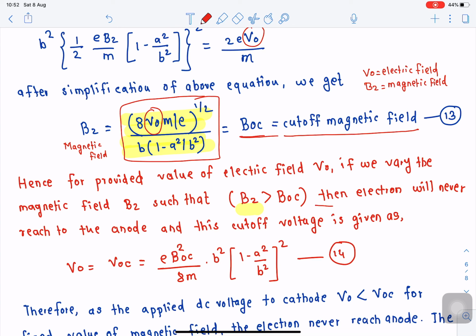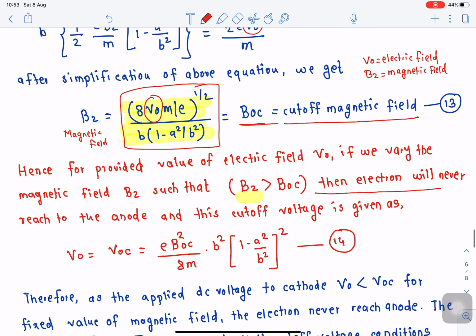Then the electrons will never reach the anode, okay, and these electrons will remain continuously oscillating between the cathode and anode region, and this will give us a sustained oscillation with a velocity modulation process. Okay, and this particular condition at which the velocity modulation will happen by varying the magnetic field, we call it the Hull cutoff voltage for the magnetic condition, right?